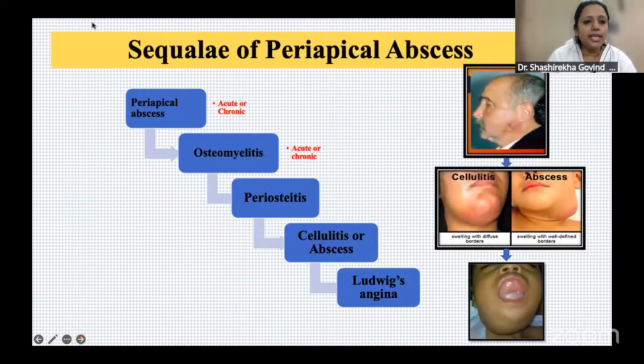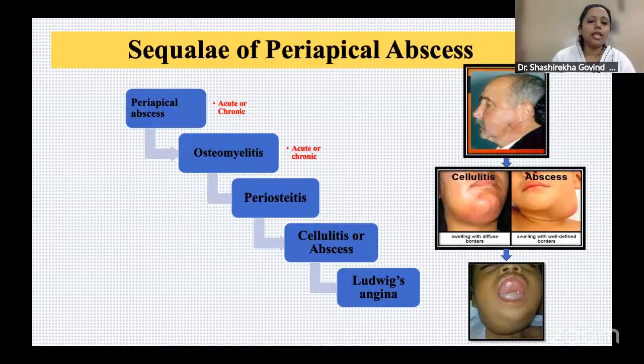So what are the sequelae of periapical abscess? If a periapical abscess is left untreated, it is not mandatory that it goes on to osteomyelitis or periostitis. It again depends on the host response, the body's immune response.